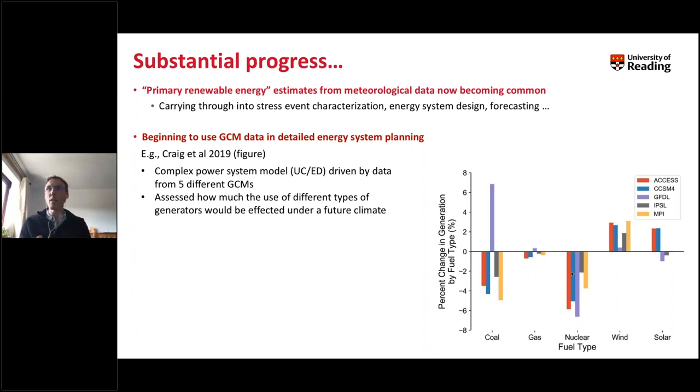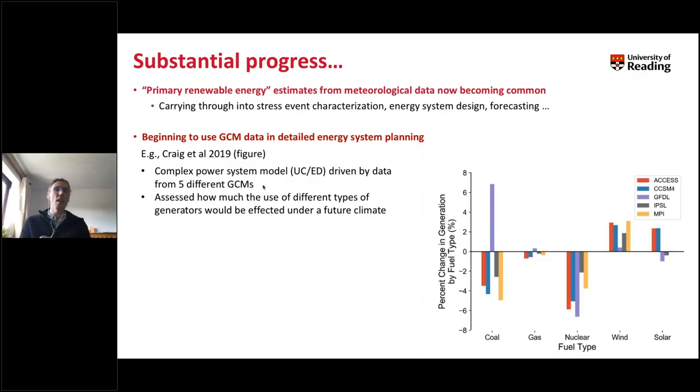And a really encouraging result is we're beginning to see GCM climate model data being used in power system planning. This is one of my favorite papers at the moment, by colleagues at NREL, Michael Craig and others. They drove a complex power system model, a unit commitment economic dispatch model of Texas, with climate data from 5 different GCMs, 5 different climate models.